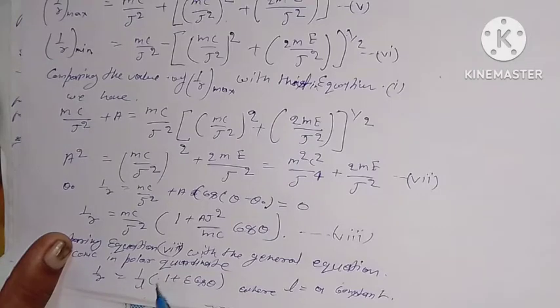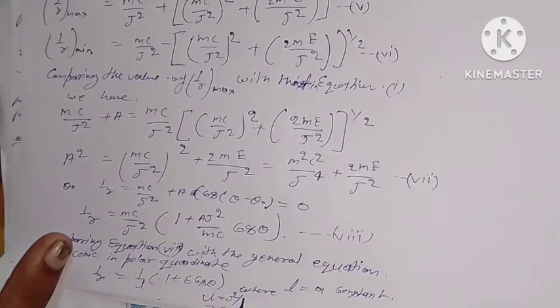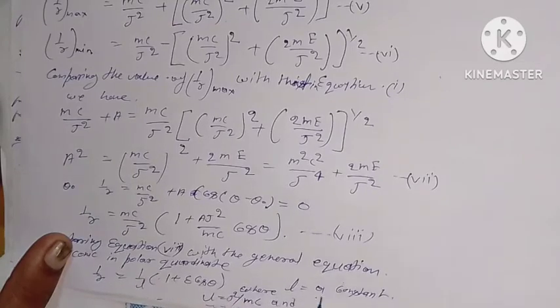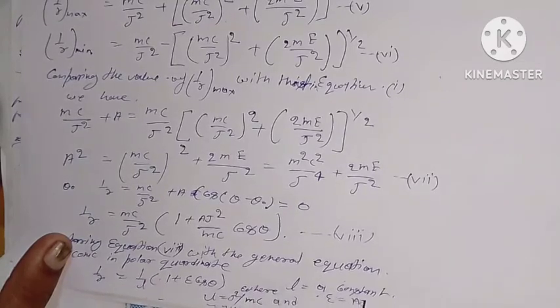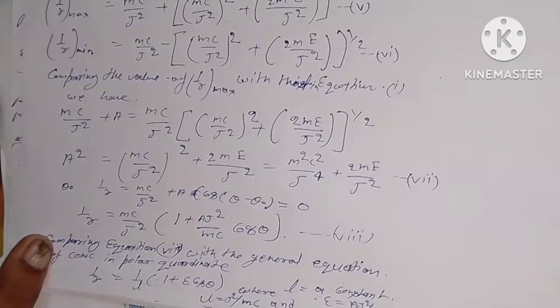We find that it represents a conic section with L equal to J square upon mC and epsilon equal to AJ square upon mC.